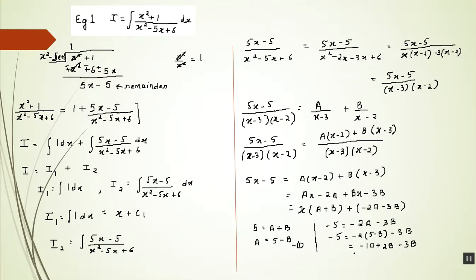Okay, so I'll take minus 10 on the right side. So I'll get minus 5 plus 10, that is 5, is equal to minus b. Therefore b is equal to minus 5.